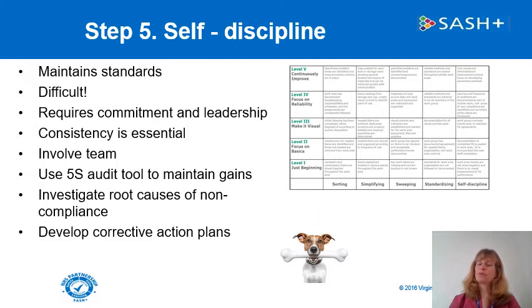Or have you not communicated to the rest of the team how things should be done, how they think things should be put away? So rather than just get frustrated that people aren't complying, think about what is the root cause behind things not keeping the standard that you mean, and then develop a corrective action plan. You know, how are you going to resolve that?